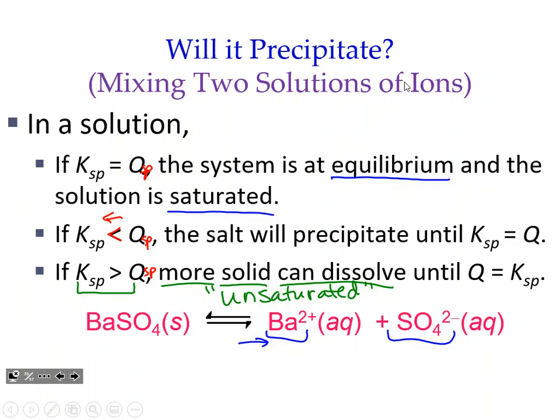You use the Ksp expression to find Q, but it is not the equilibrium concentrations you plug in. You would be plugging in the initial concentrations for Q, or the disturbed concentrations if you were disturbing an equilibrium. So remember, Q is talking about when it's not at equilibrium, Ksp is talking about when it's at equilibrium. Q is a reference point to see which way it's going to shift. Does that make sense? Different values using the same expression.